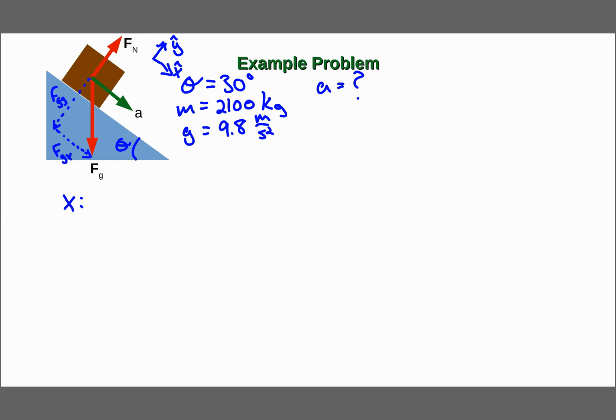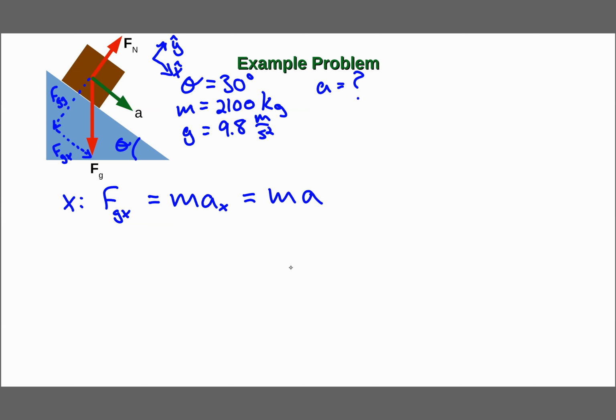So in the x direction, we have F_G,x. That's the only force that's in the x direction, okay? And then that's equal to m a in the x direction, okay? Which is equal to ma, because all of our acceleration is in the x direction.